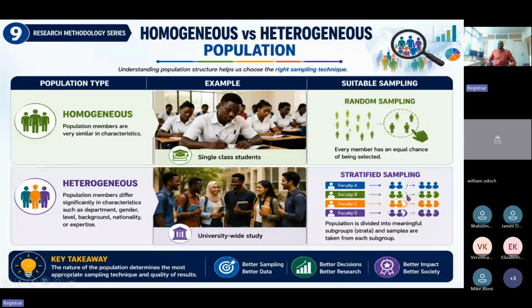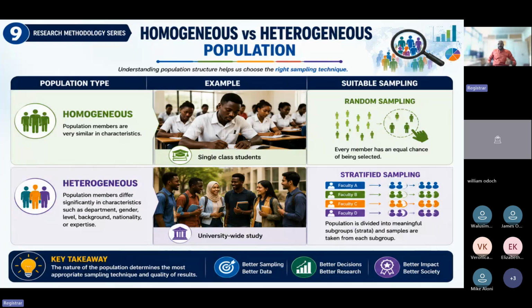If you take a university, you have 5 faculties: Faculty of Engineering, Faculty of Business and Commerce, Faculty of Graduate Studies and Research, Faculty of Information and Communication Technology, Faculty of Health Science. So you can divide the population into different strata. Hope you're getting me. This is the technique what we use when we are using a university wide study.